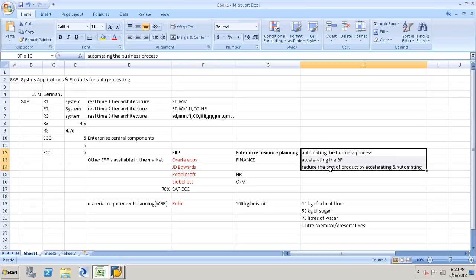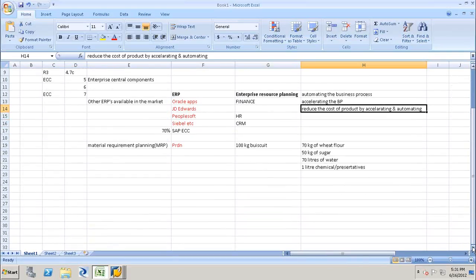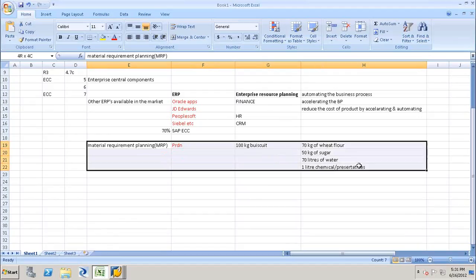Because once I do sales, then automatically the stock will be reduced. To perform these activities, whatever example we have discussed, if a person is performing this activity on one single day using SAP ECC, he can do this in 1 minute. Since he can complete this in 1 minute, the rest of the time he can work on other activities.